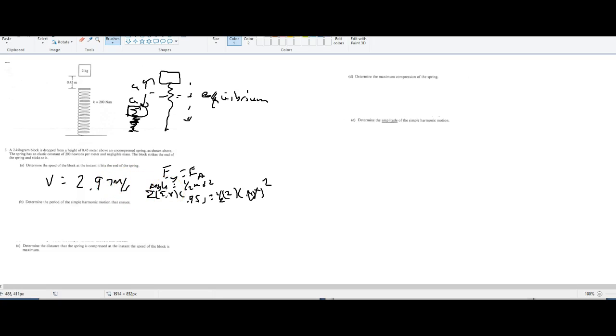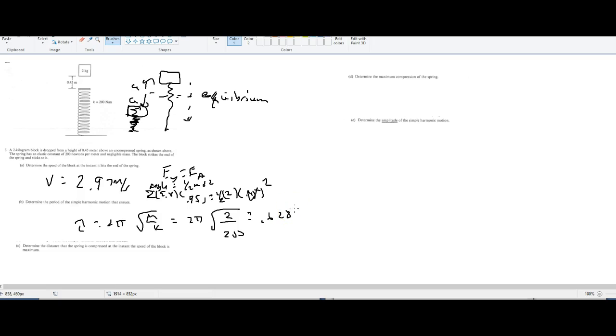Determine the period of simple harmonic motion for the system. Well, period equals 2 pi square root of m over k. That does not change. 2 pi square root, what's the mass? Mass is 2. The spring constant's 200. So that gets me 100, which is 10. So this is going to be 0.628-ish.